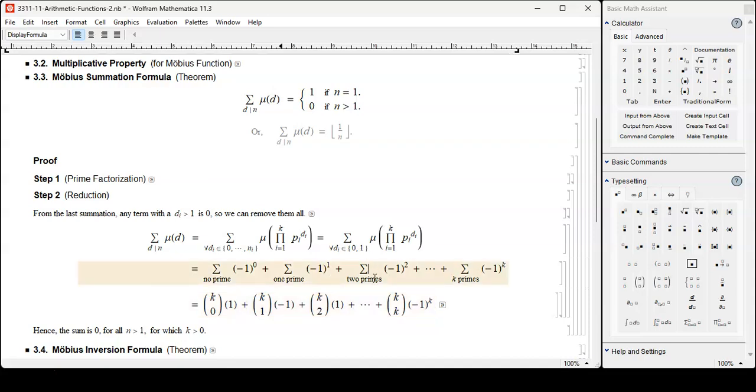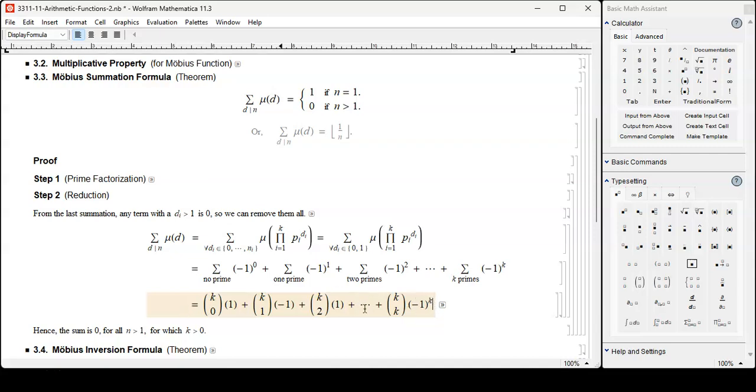Say, for example, this one here, out of total k prime factors, choose 2 prime factors, say p_i and p_j, with powers 1 and the others all powers 0, and then the quantity is -1 to the second power, so 1. And then the next will be k choose 3, -1 to the third power, so -1, kind of like that.